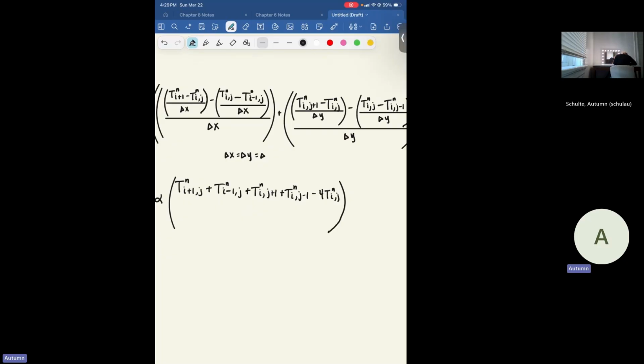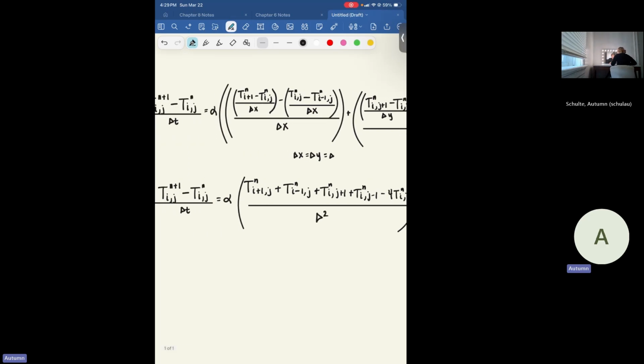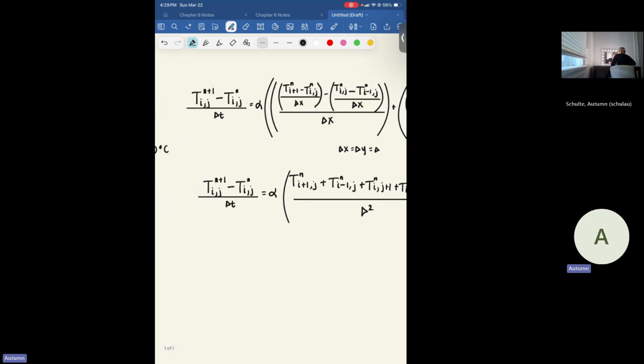And this is all being divided by a delta squared. And like I said before, we are dealing with steady state.